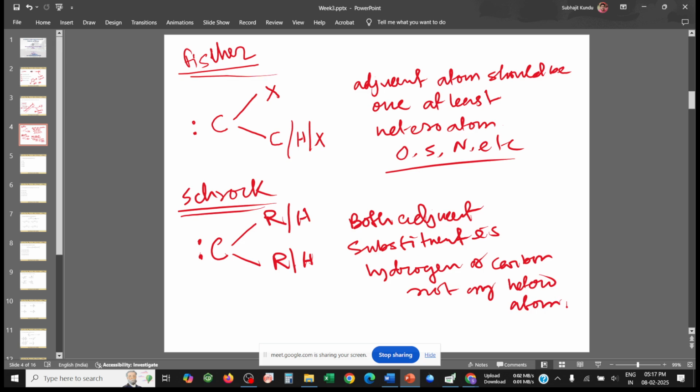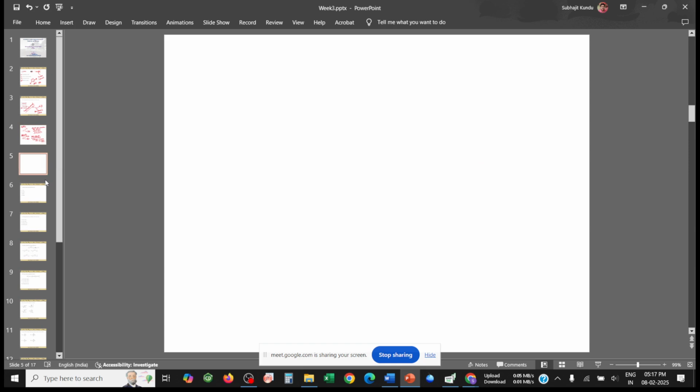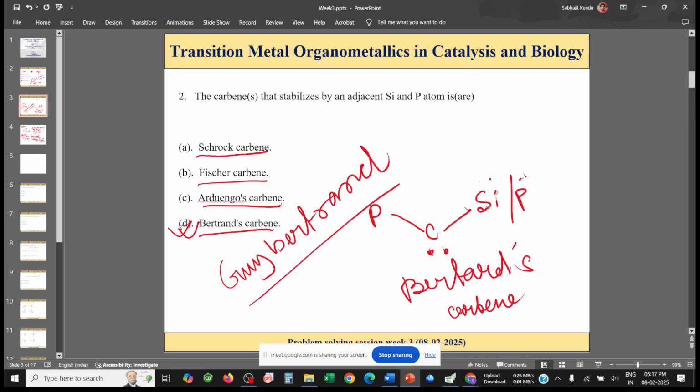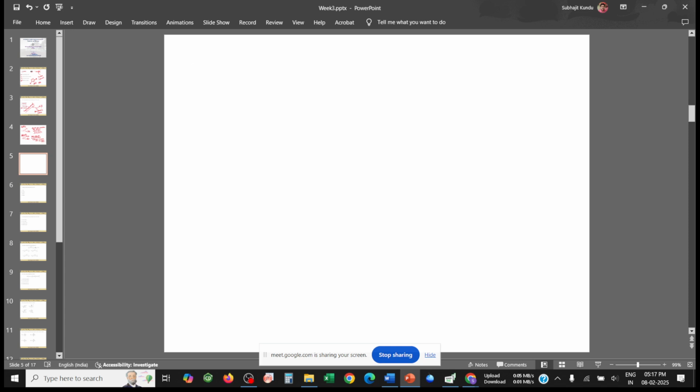Now the remaining type is the Arduengo type.